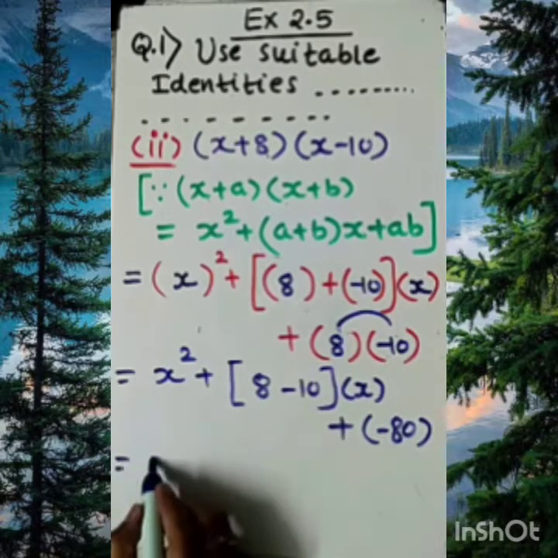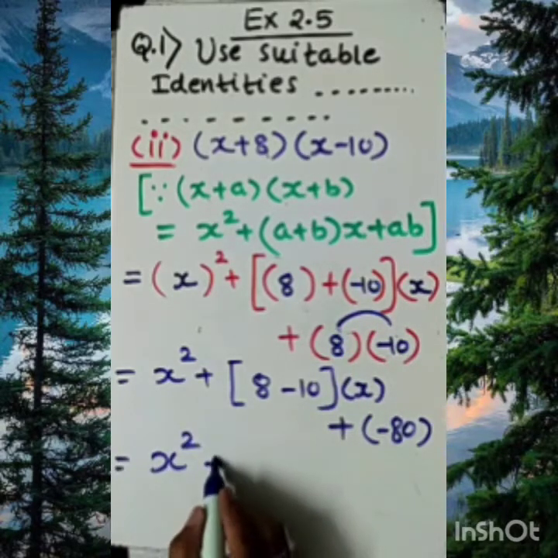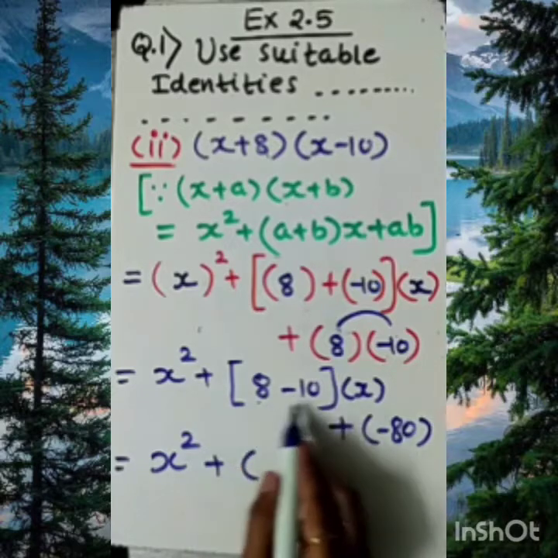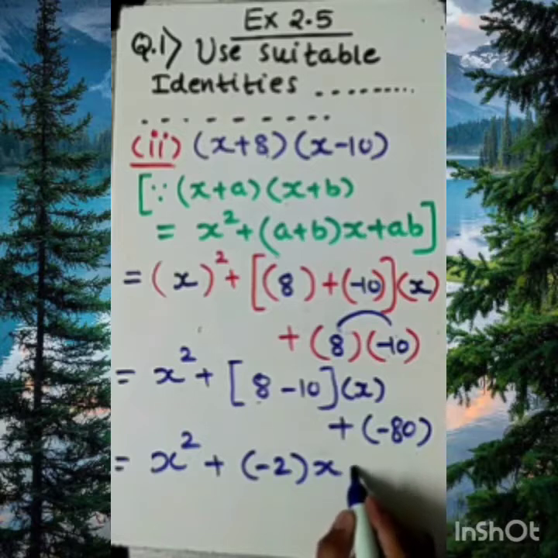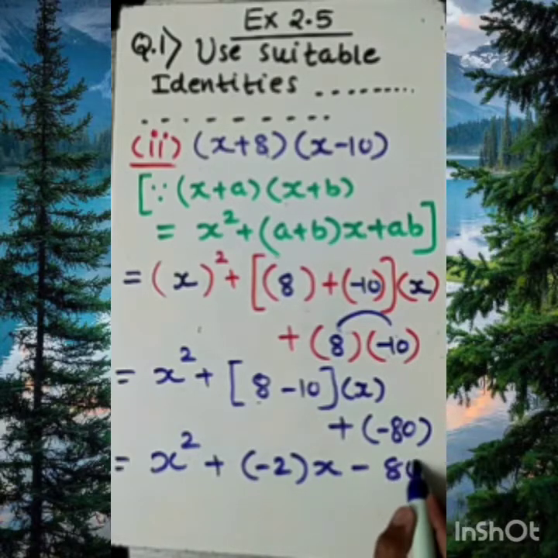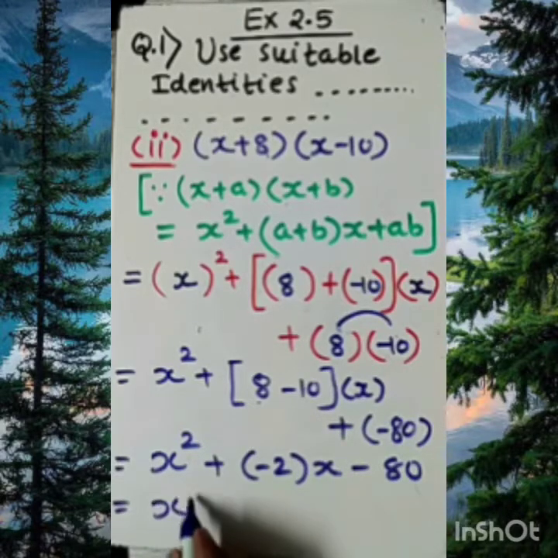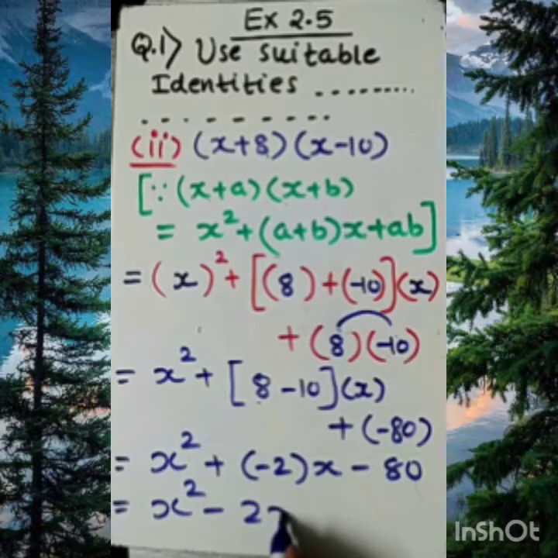So here x square plus, what is 8 minus 10? Minus 2, into x, plus minus 80. So the answer is x square minus 2x minus 80, which is quite easy.